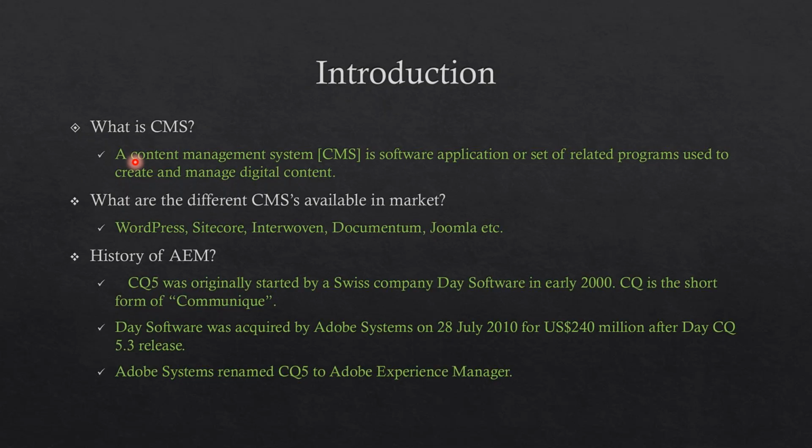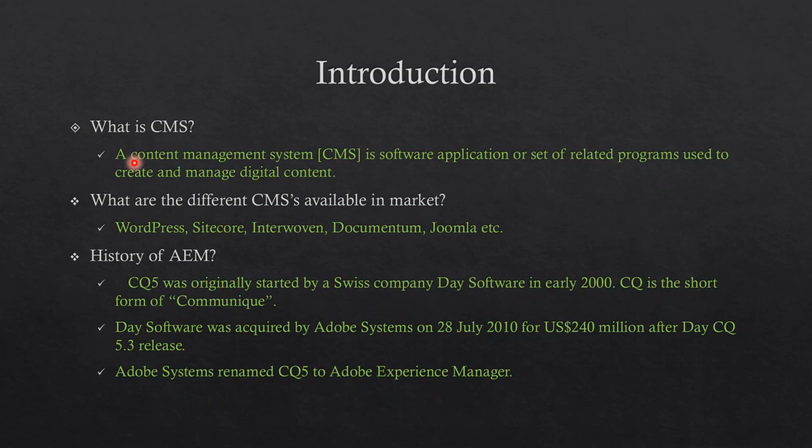Before we dive into other topics, let's spend a couple of minutes understanding what kind of software AEM is and its history. I think you have read the definition by now. A CMS is a software application that lets you manage and create digital content.